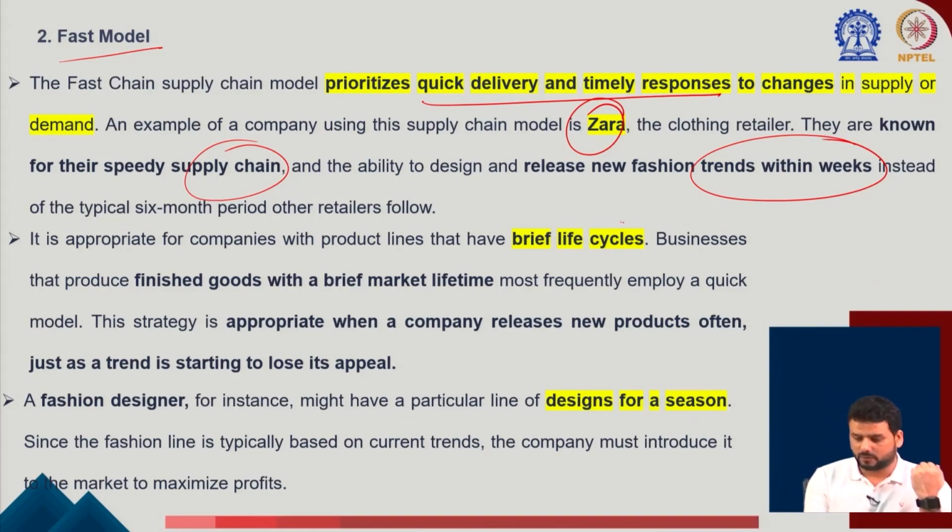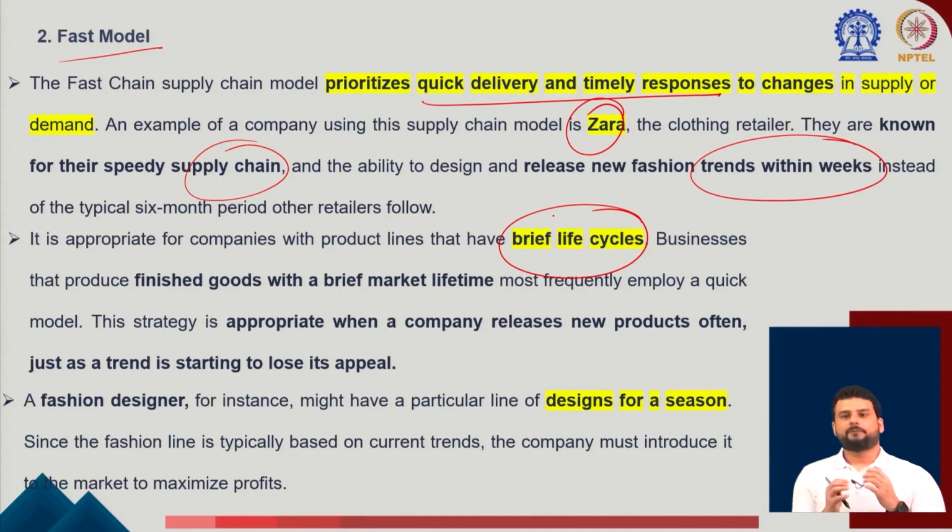So, this fast model is the best fit for those products which have a very limited life cycle, right. If you are talking about the entertainment industry, if today any movie or web series is launched, it should be distributed fully wherever you want to distribute, right. It should not happen that today you are launching it somewhere in the north, then going to south, eastern part, west, this cannot happen, right.